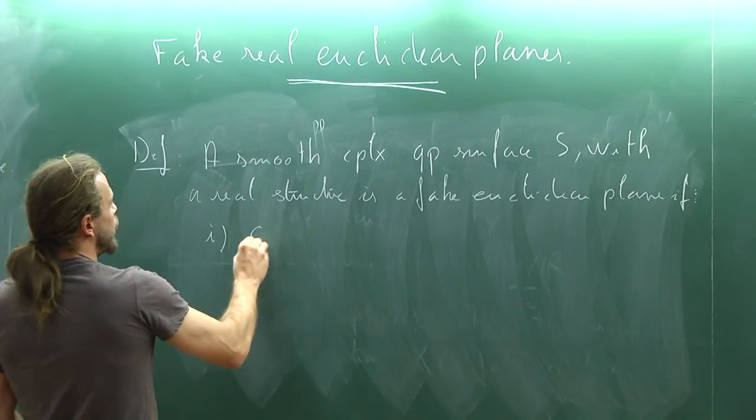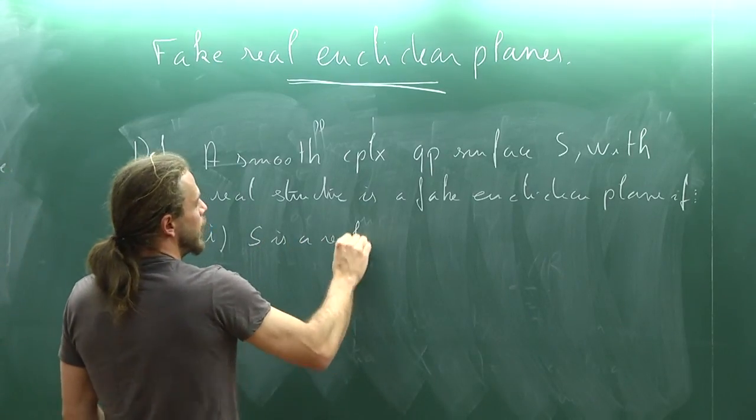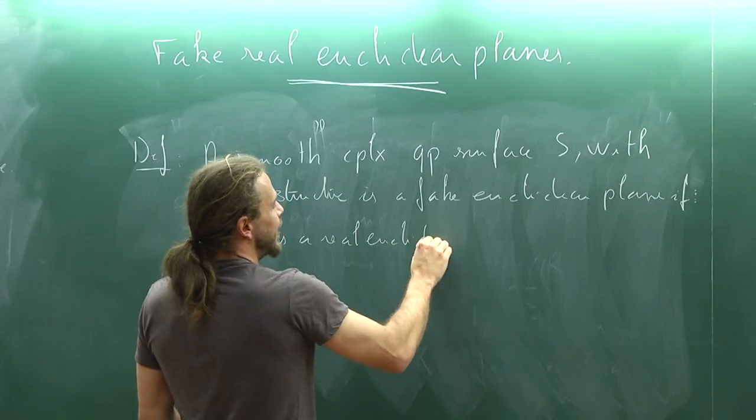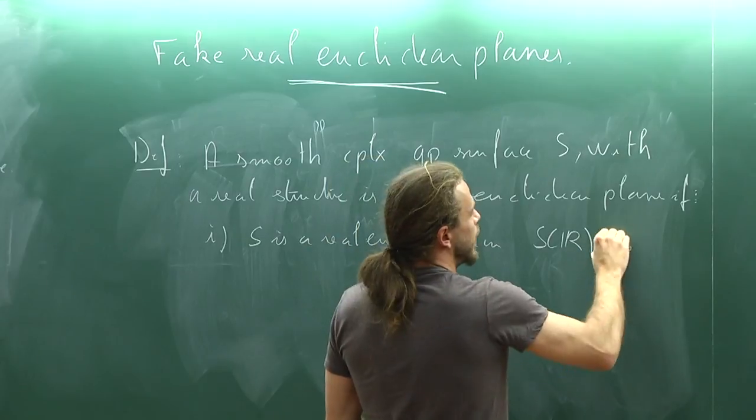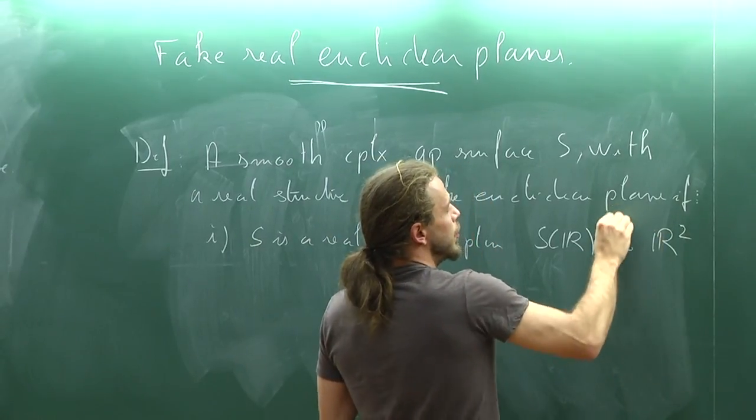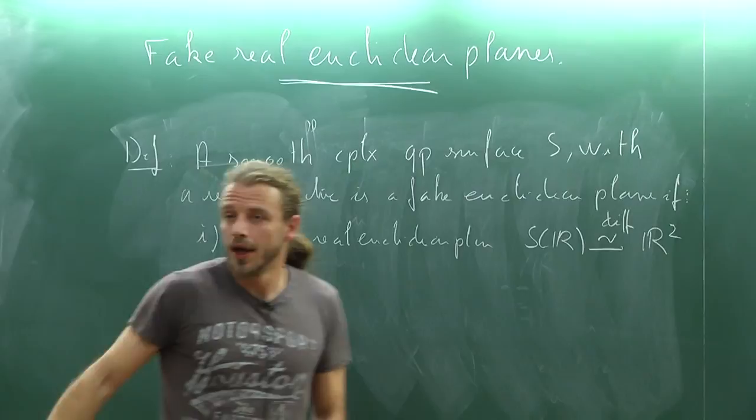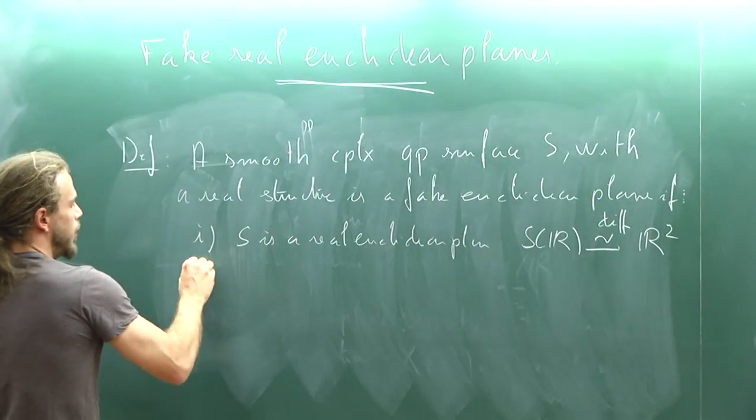First, S is a real Euclidean plane. By this, I mean that the real locus of S is diffeomorphic to R2. Second, it has minimal topology.